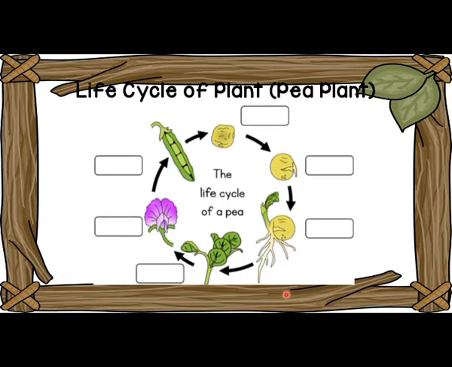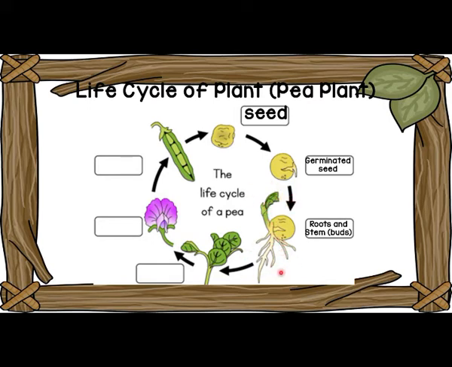It's not just animals that have life cycle, but plants also have life cycle. The example of the life cycle of a plant is the pea plant. The pea plant started its life cycle from a seed. The seed will be germinated, and then after that, the roots and a small stem will grow.